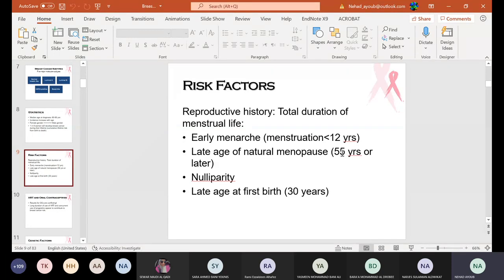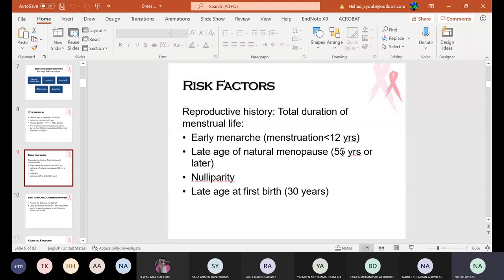So the earlier the menarche and the later the menopause, the longer the window of exposure to steroid hormones, to estradiol, and therefore the risk of breast cancer increases. So early menarche and late menopause are reproductive factors that are unmodifiable. Why? The female cannot control the onset of menstruation and cannot control the onset of cessation. You cannot control them. So this is reproductive history, with no control, unmodifiable.